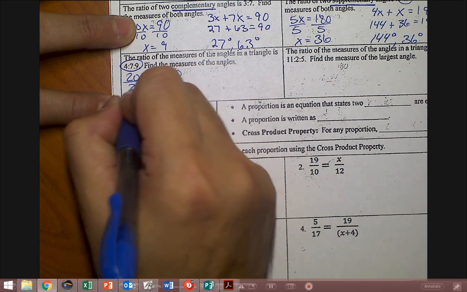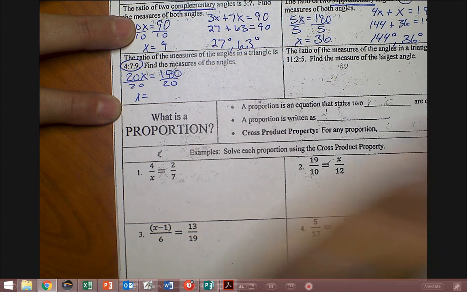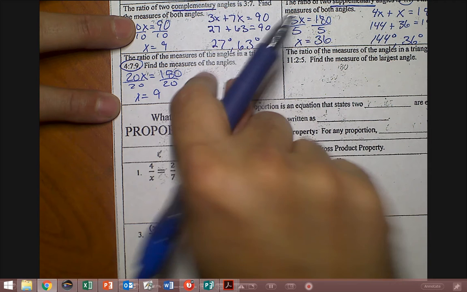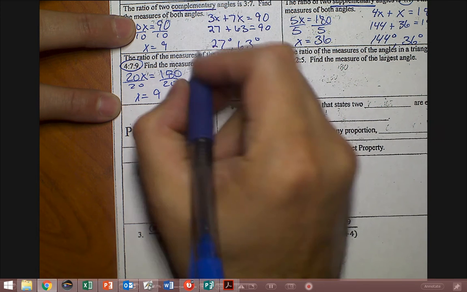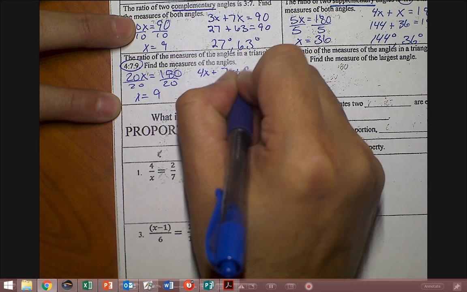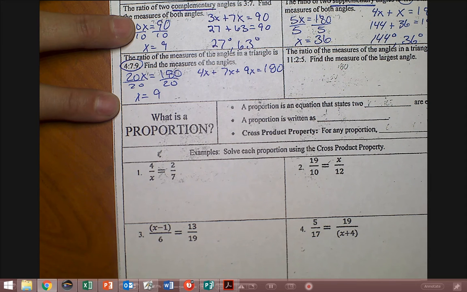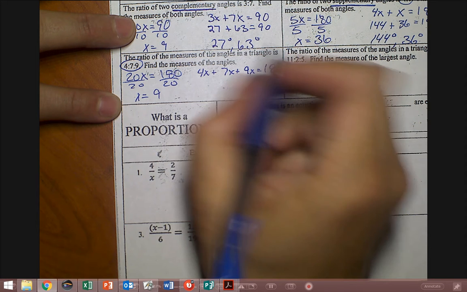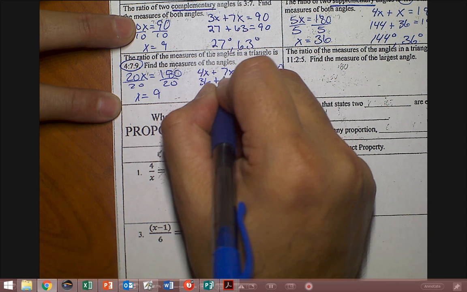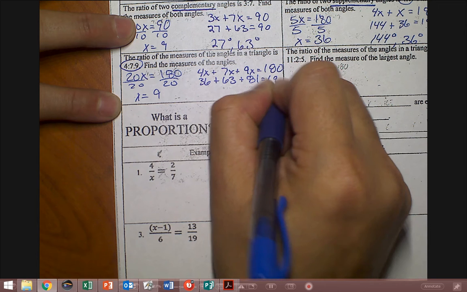Divide by 20. X is 9. Very good. So x is 9. So now let's go ahead and set it up like I did these other ones. 4x plus 7x plus 9x equals 180. 4 times 9? 36. 7 times 9? 63. 9 times 9? 81.